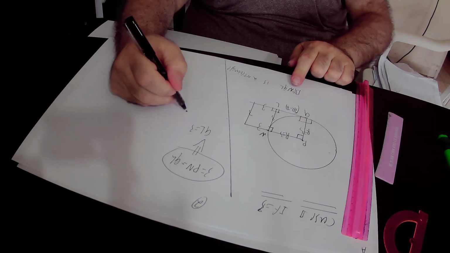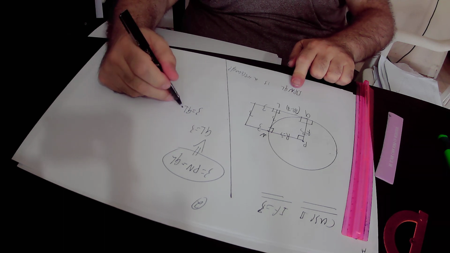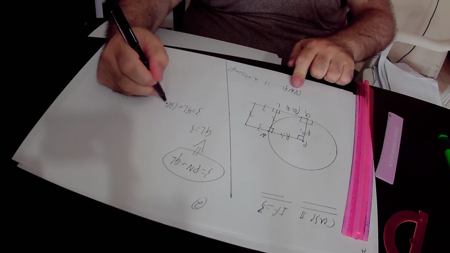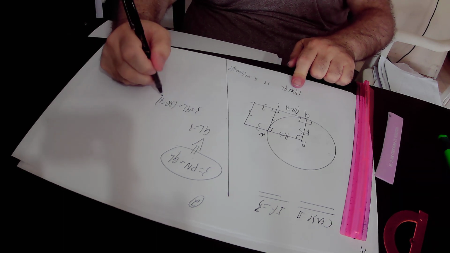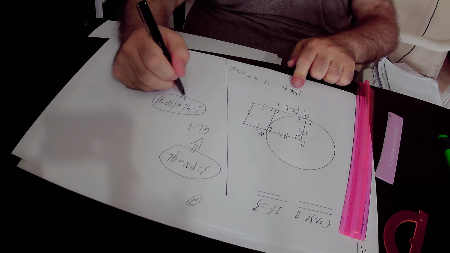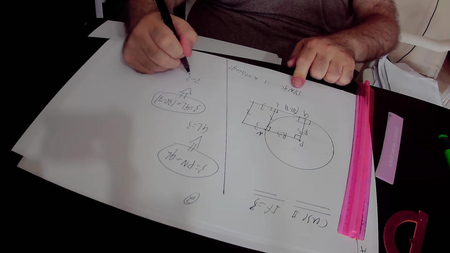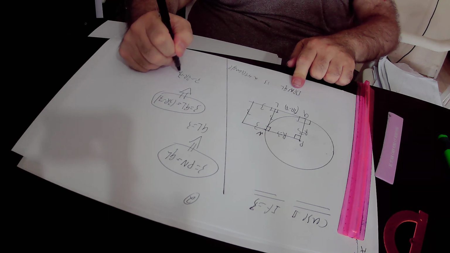So from one side, QL equals 3 units, from the other side, QL equals 3R minus 7 according to what we have already found out. So from this equation, 3 equals 3R minus 7.